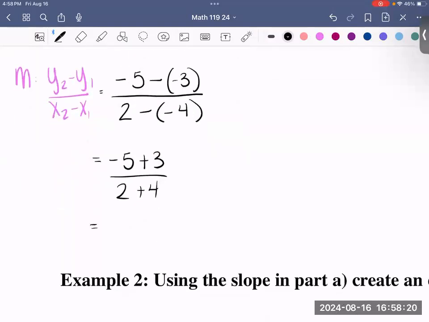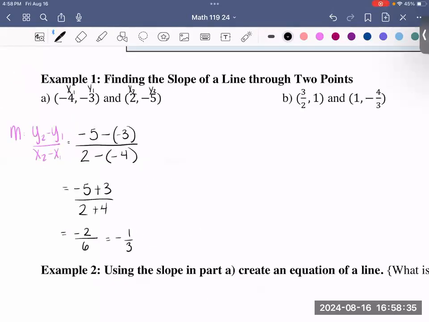So we have -5 plus 3, that is -2, over 2 plus 4, that should be 6. So we really have -1/3, so sorry. So that is your slope of the equation. If that's all you needed for that one, try it again for part B if you have not paused the video already.